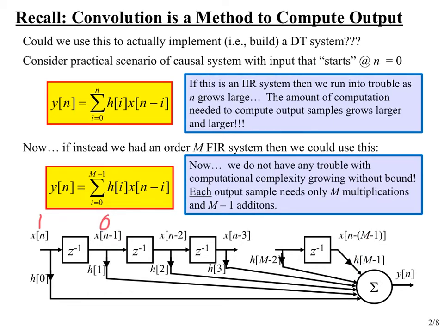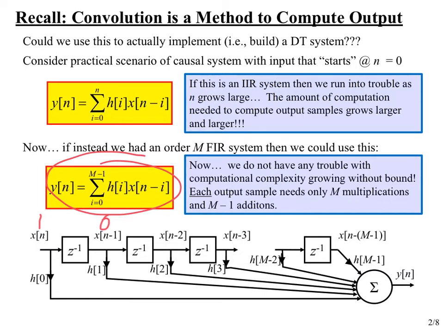So the y of 1 output also follows exactly what this equation shows us. And so for each clock input, this stream of inputs gets shifted in further and further.